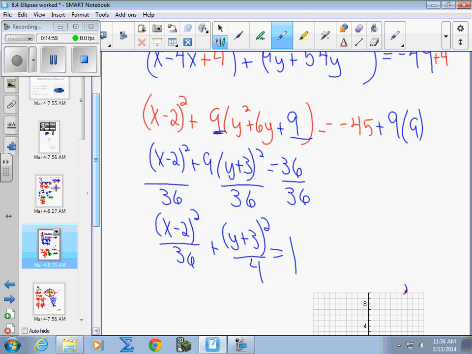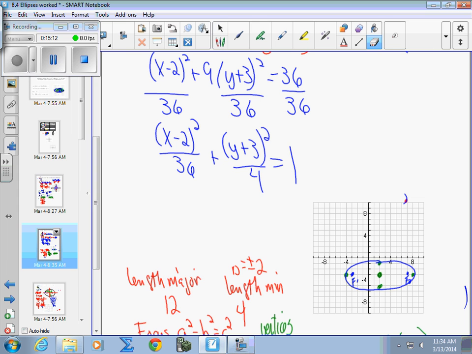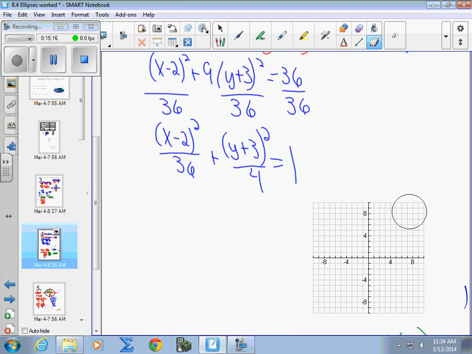To be in standard form, the equation needs to be equal to 1. Once we do that, we then want to find all the parts that we need to find. On the test, I would list those for you, so you're not trying to remember what they are.